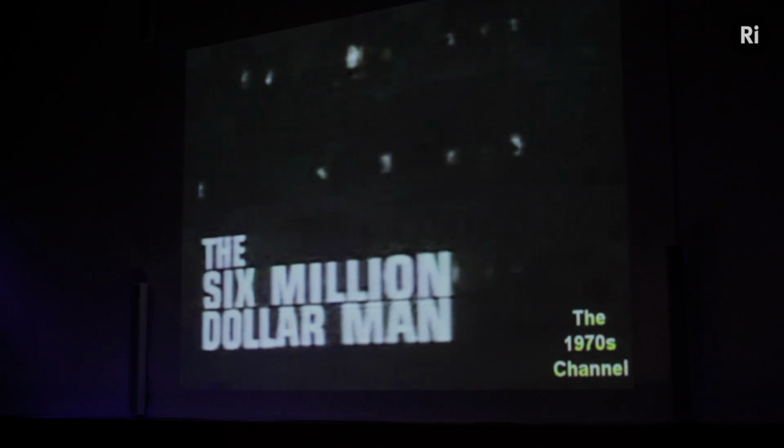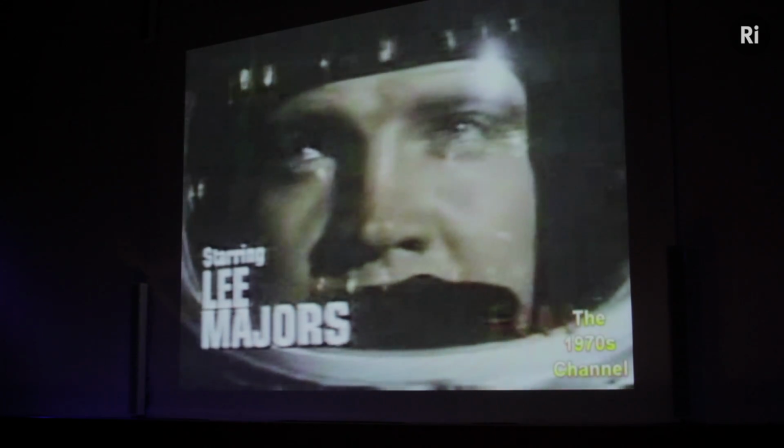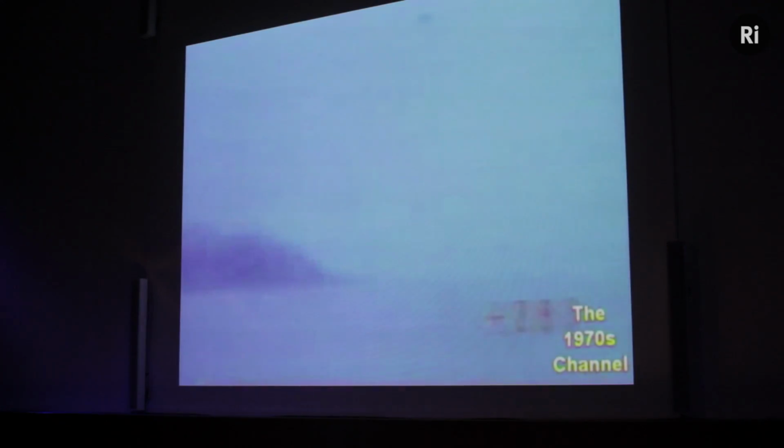Can you feel your heart beating faster? Yes. This was just so exciting. So the plot is that Lee Majors is an astronaut. He has a terrible crash. I can hardly contain my excitement at this point, but I'm sitting in my seat.